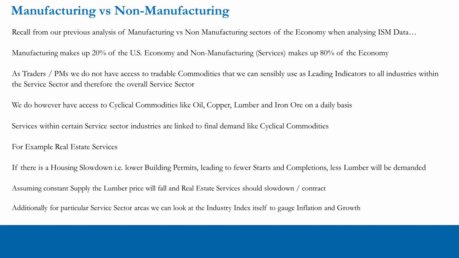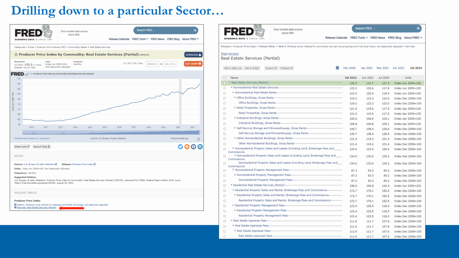So, for example, when you're looking at data sets and hunting around for data sets and index levels on the FRED website, you can look at a particular index, and here we've drilled down to the real estate services sector.